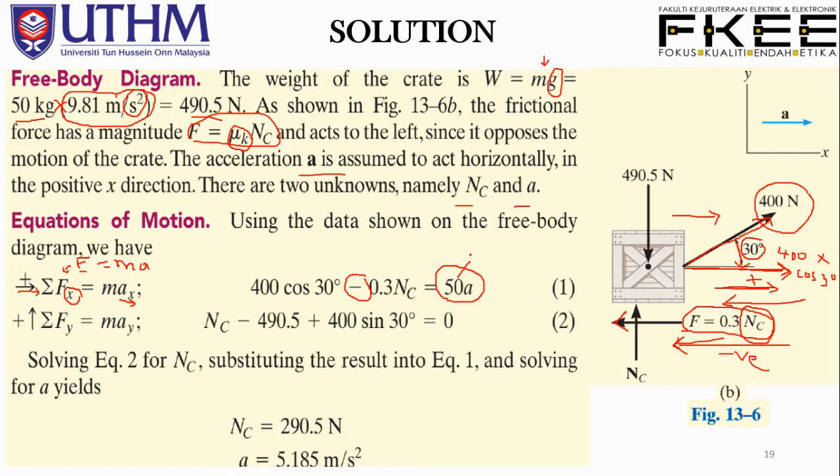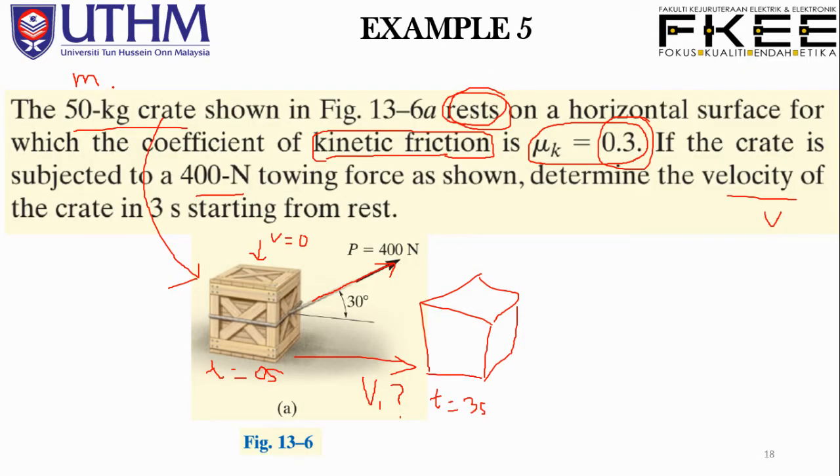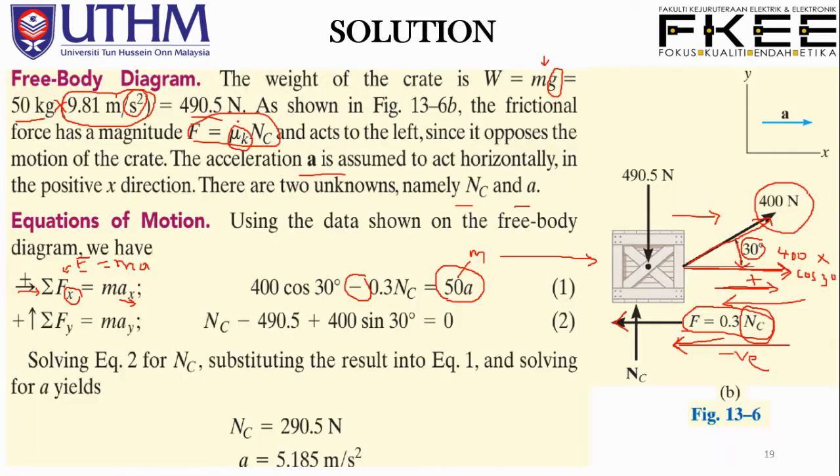M is the crate mass, which is 50 kg from the question, and A is the unknown we are going to figure out.